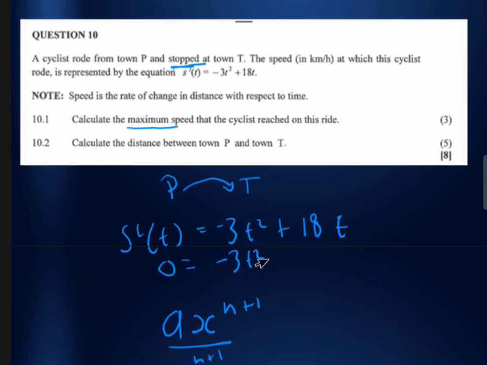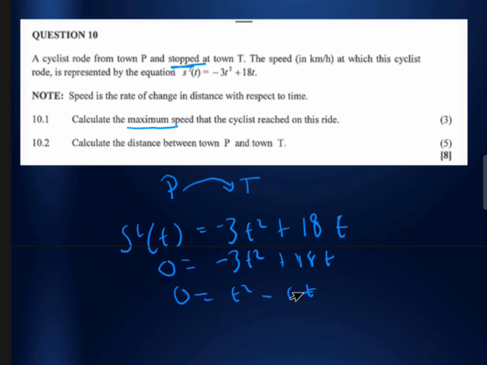So 3t squared plus 18t. So let's just remove this stuff. So we solve it like normal algebra, right? But we can divide everything by negative 3 in the meantime. So if we divide everything by negative 3, we get t squared minus 6t.